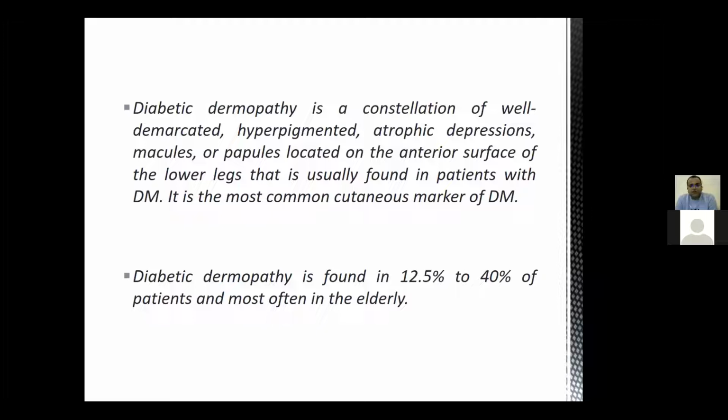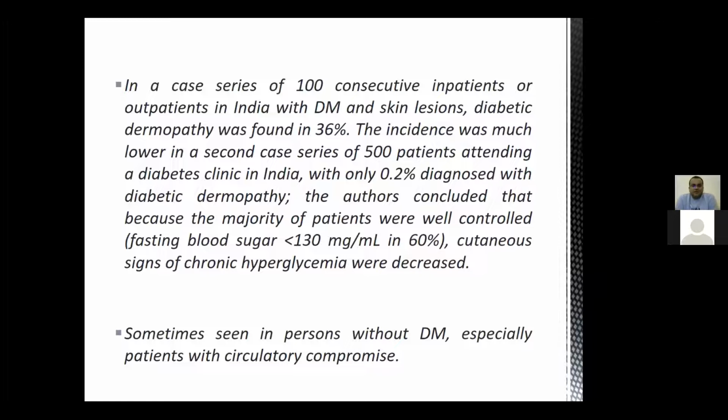It is the most common cutaneous marker of diabetes and it is found in approximately one third of the patients and more commonly in the elderly. In a case series of 100 consecutive inpatients or outpatients with diabetes and skin lesions, diabetic dermopathy was found in almost one third.